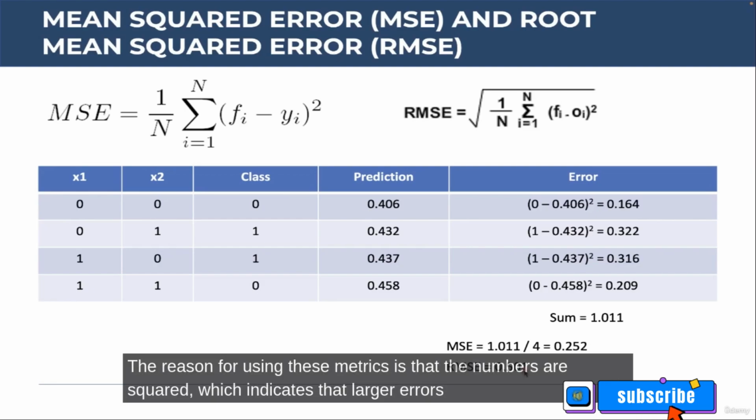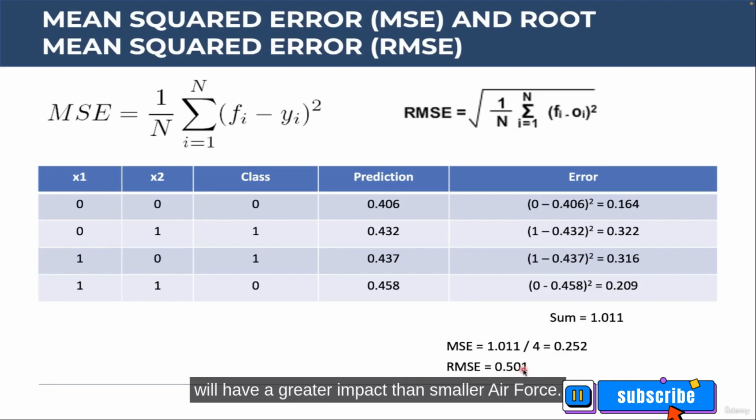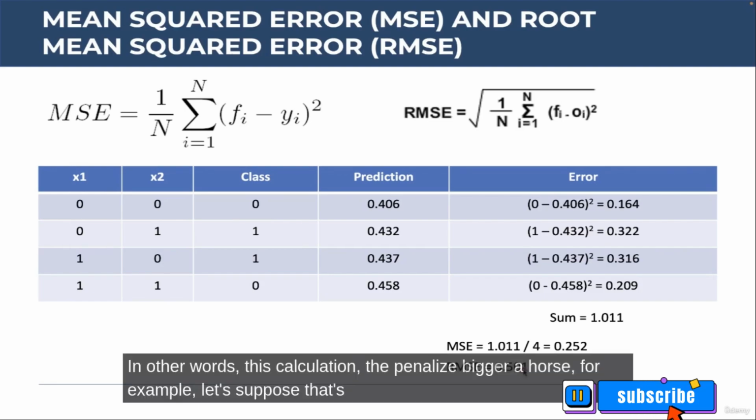The reason for using these metrics is that the numbers are squared, which indicates that larger errors will have a greater impact than smaller errors. In other words, this calculation penalizes bigger errors.